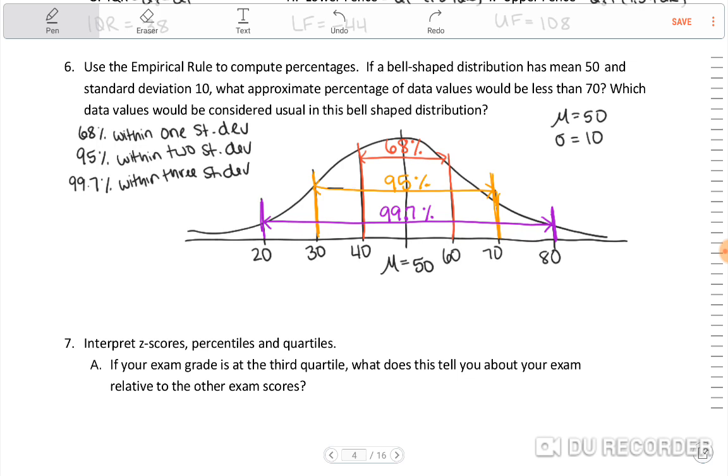If this is 95%, then your outside pieces have to add up to 5%. So this part from here to here, and this part from here, I should draw a little arrow there. This should add up to a total of 5%, right?